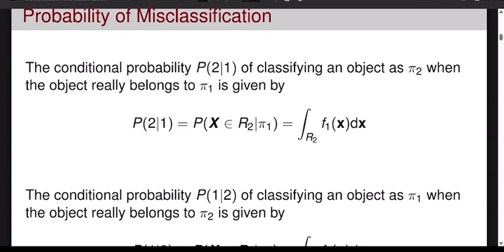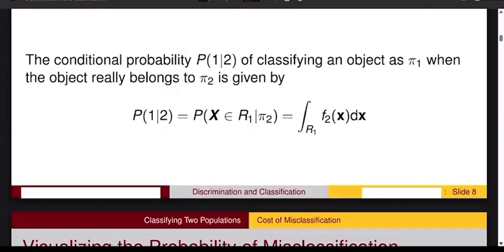Similarly, you can also have the other kind of classification, where somebody that's supposed to be in group two is now classified as being in group one. And of course, we can figure out the probability associated with that. To figure that out, we're going to seek the area under a curve, because f of s here is the probability function of a continuous random variable.